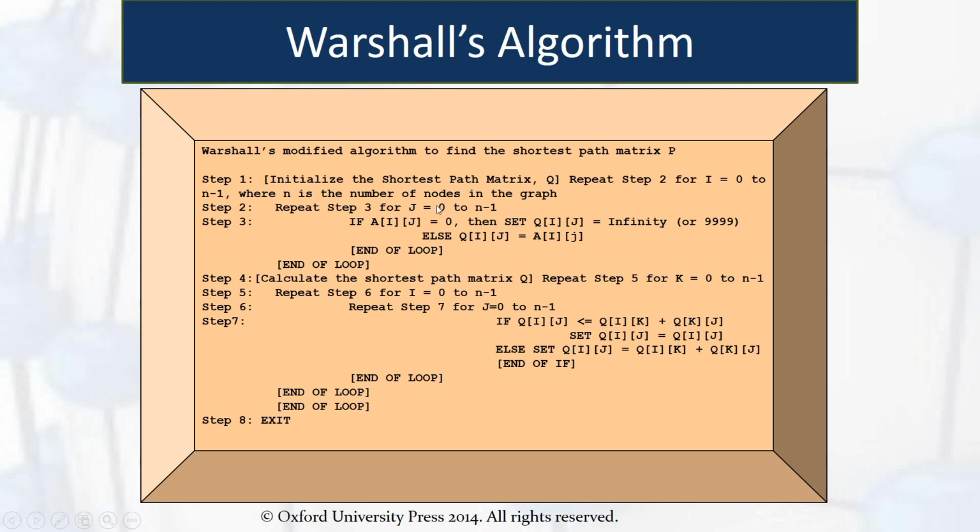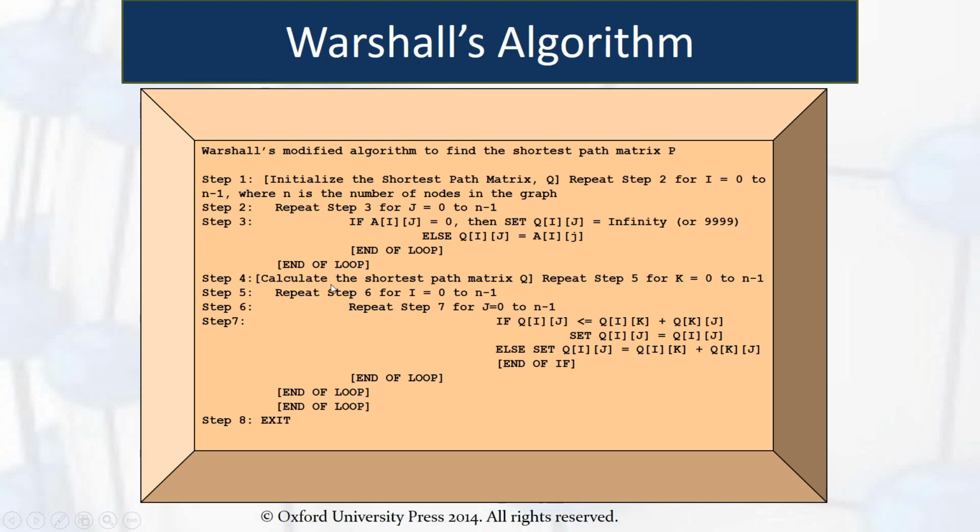Step 2, for i equal to 0 to n minus 1, meaning for all the vertices, we have to repeat step 3 for 0 to n minus 1. Every time we are checking whether it is 0 or infinity, or some other value, and based on that we are checking. So every time we have to check it.